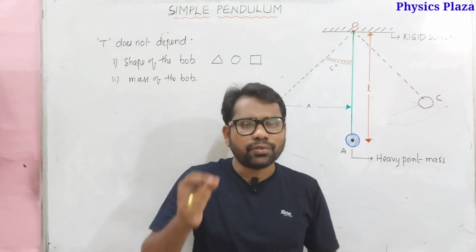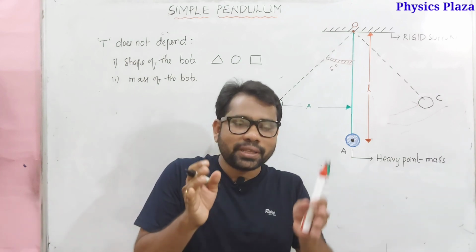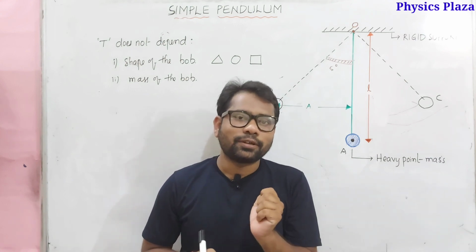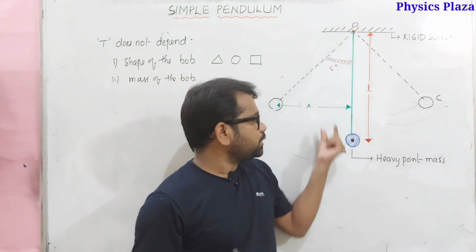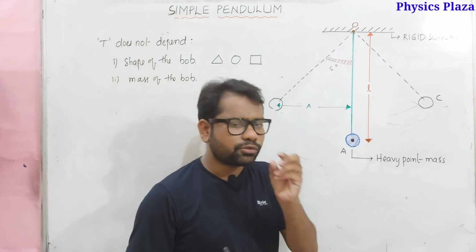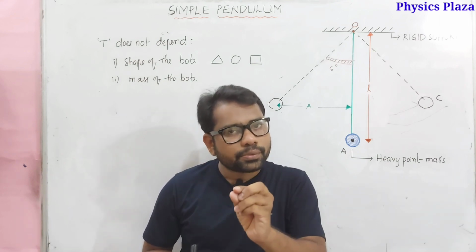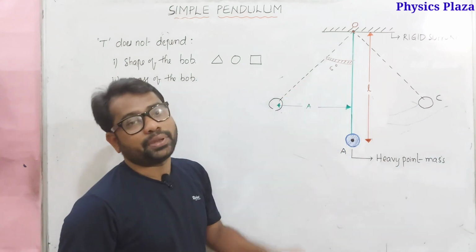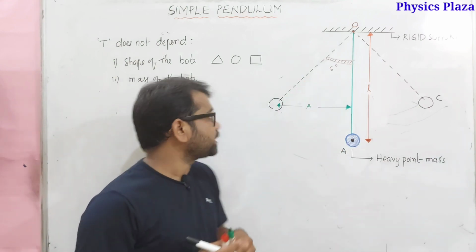Of course, it does not depend on mass, but only within certain limits. For example, if it is 20 grams, it can be 19 grams or 21 grams. That does not make a difference to the time period. That is what we have to understand.